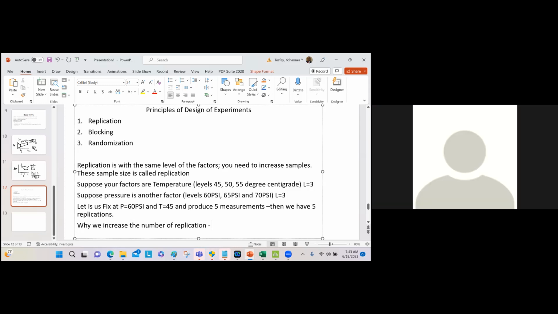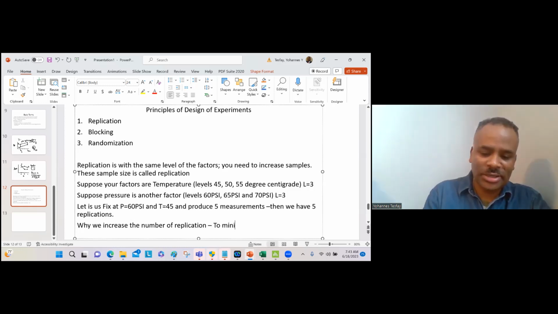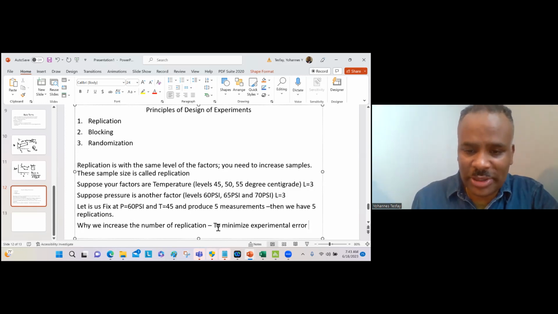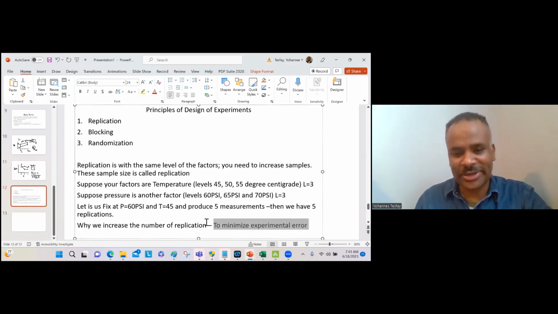Experimental error. Definitely right. This is the purpose, okay? To minimize experimental error.